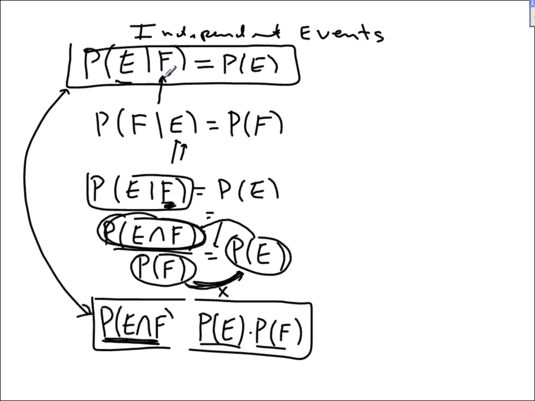If two events are not independent, they are said to be dependent. Usually you're asked if two events are independent. And if that rule or test fails, then you say no.